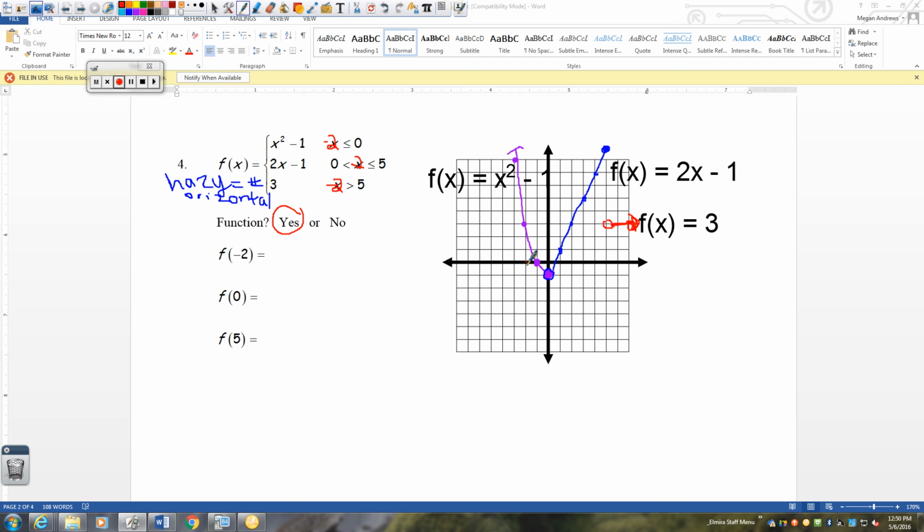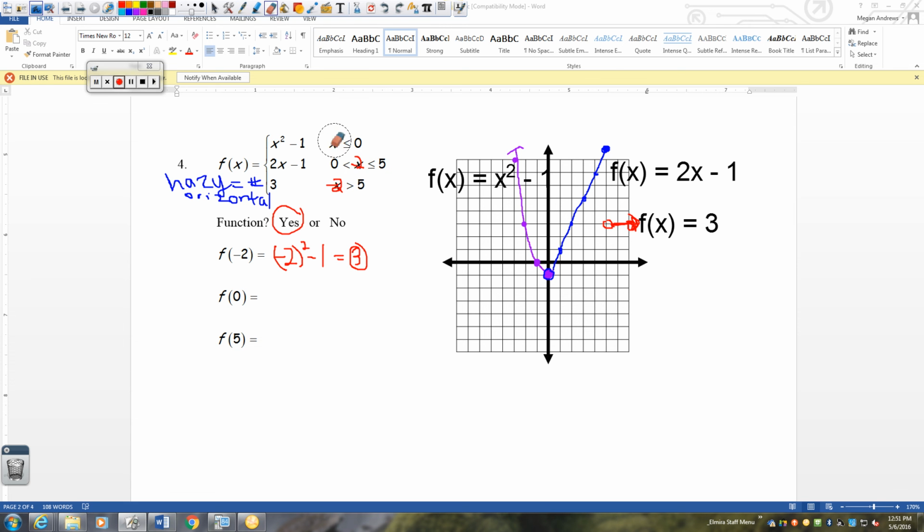If we go to negative 2 over here, we can see if we follow it up, it touches the quadratic. We can see the answer is going to be 3, but I want you to still show your work. So we're going to do negative 2 in parentheses squared, minus 1. So positive 4 minus 1 is 3, which we could see on the graph.